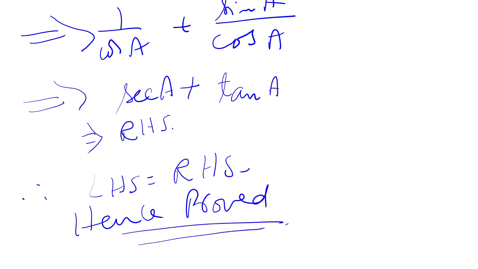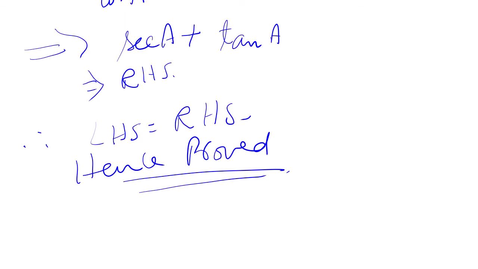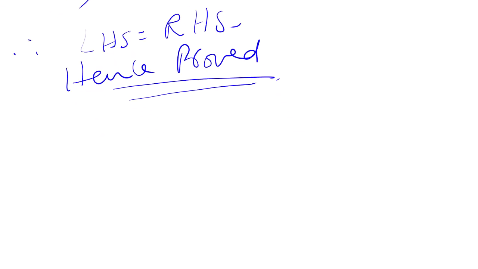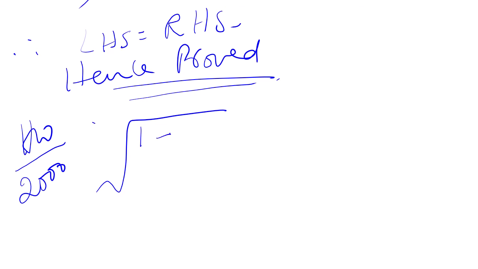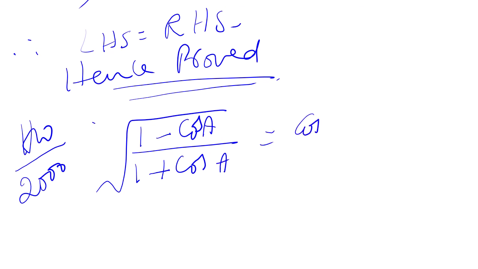The next two sums, one of them is a board sum, but it is a similar sum. So homework for you. This is also a board question. Root of 1 minus cos A upon 1 plus cos A is equal to cosec A minus cot A. It is similar to the above sum.